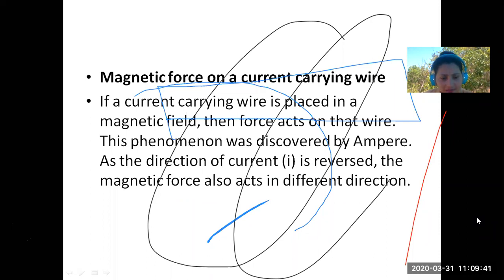Am I clear? Children, can anybody answer? Force is produced when a current carrying conductor is kept in a magnetic field. Is this clear? So that is how an electric motor works.